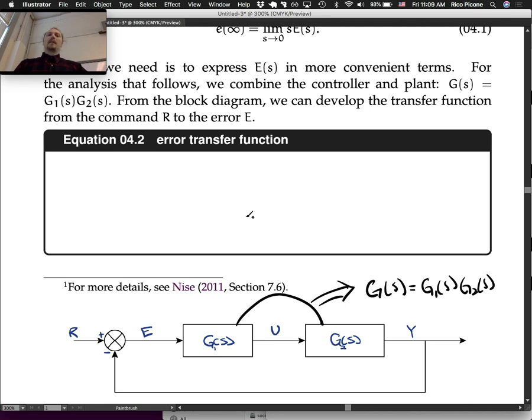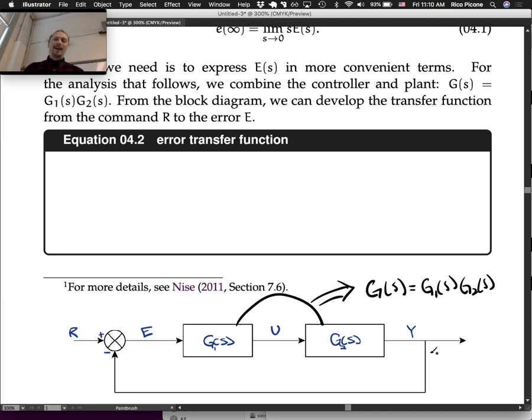From the block diagram, we can develop the transfer function from the command R to the error E. Typically we're trying to find the closed loop transfer function from the command R to the output Y. So when we put in a command of 20 psi, we want to see the output Y go to actually 20 psi, ideally.